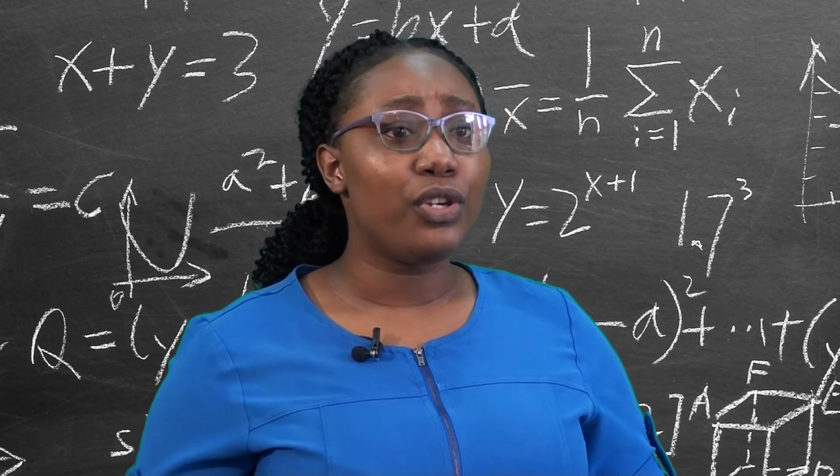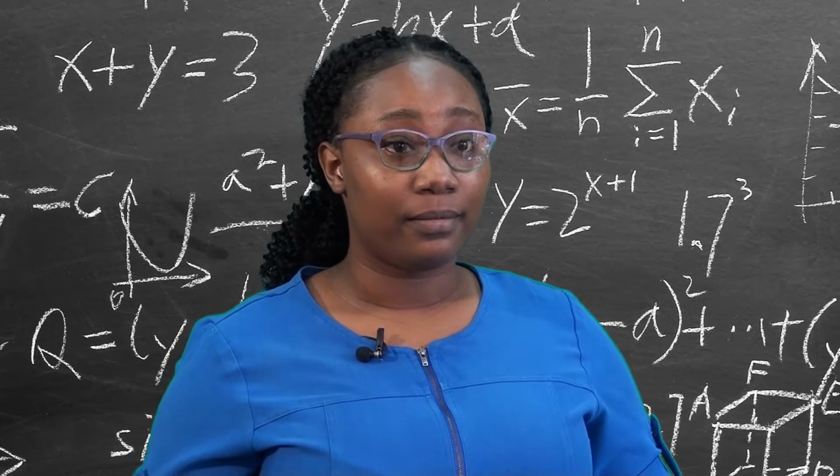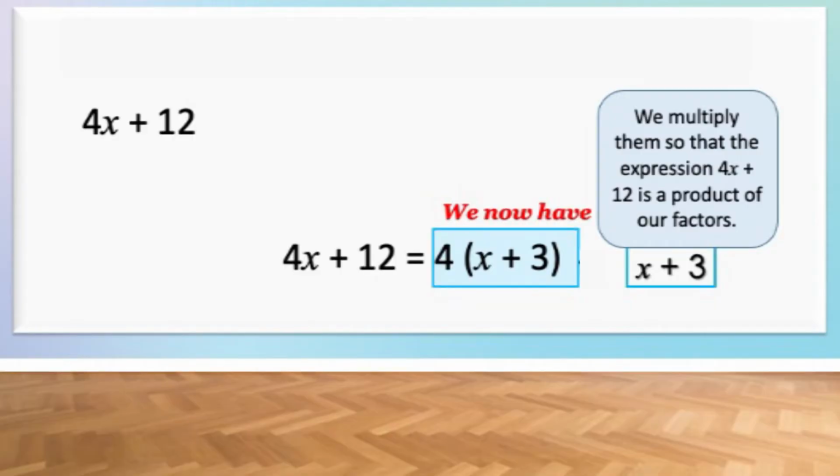Do you know what we should do next? That's right. We multiply them so that the expression 4x plus 12 is a product of our factors. Therefore, 4x plus 12 is equal to 4 multiplied by x plus 3.